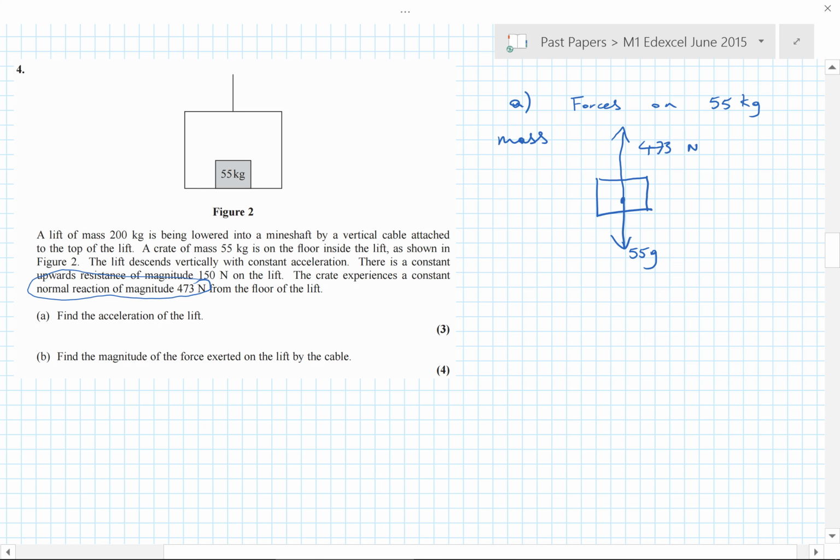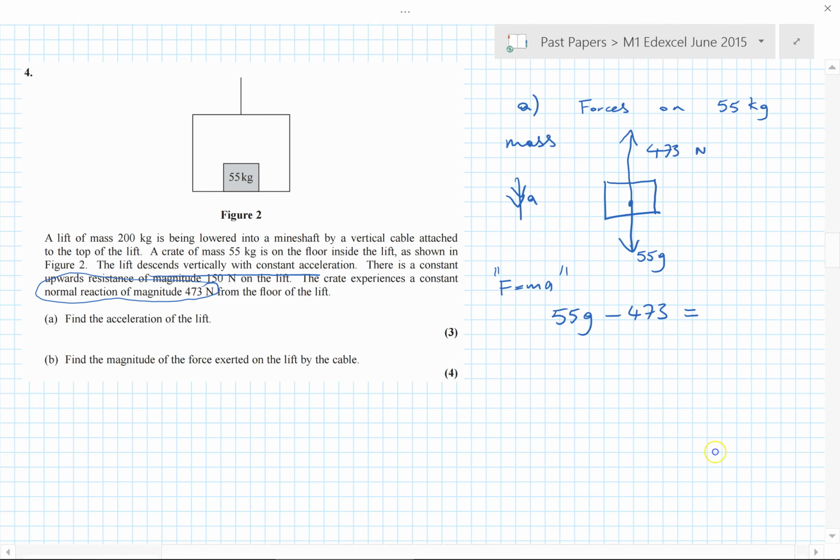Right, now it descends vertically with constant acceleration, so it's accelerating downwards. So if we apply F equals ma in the direction of the acceleration, we have 55G minus 473 is equal to mass times acceleration.